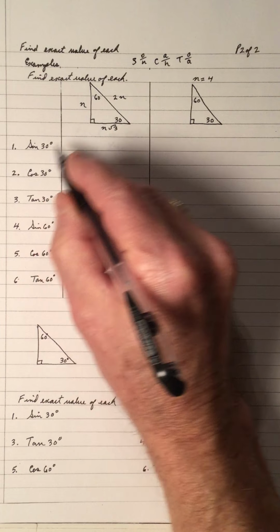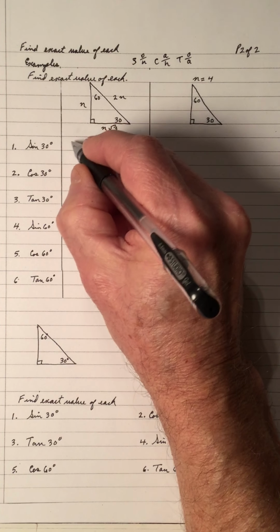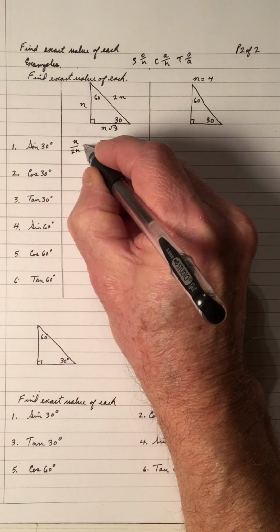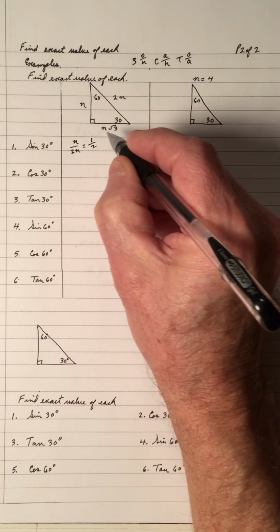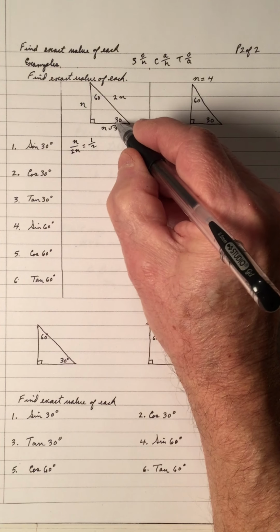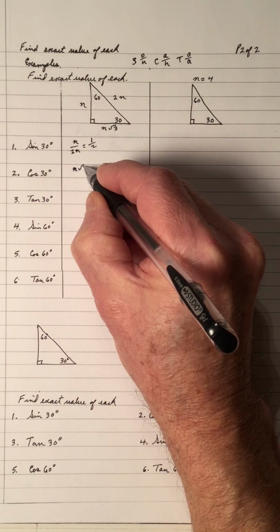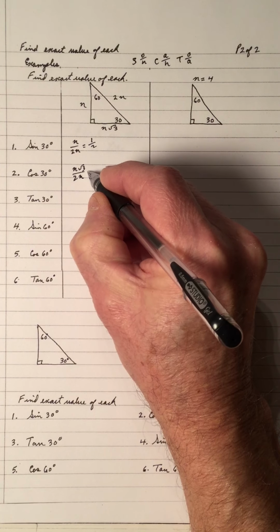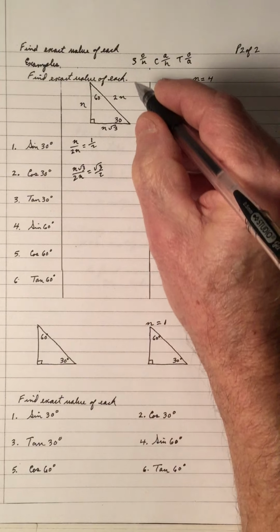So the sine of 30: sine is opposite, which is n, over hypotenuse 2n. Notice the n's cancel out, so we get 1 over 2. Cos is the adjacent, n root 3, over hypotenuse 2n, and again the n's cancel out to be root 3 over 2.